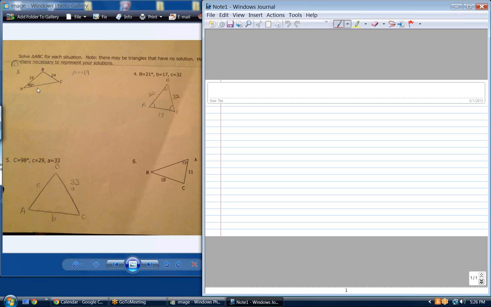It says that in any triangle, the sine of an angle divided by its opposite side is a constant that never changes. So in other words, I can say the sine of 49 degrees divided by 24 is equal to the sine of C divided by 19.